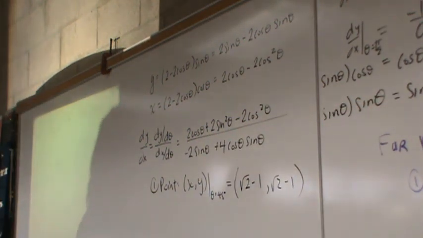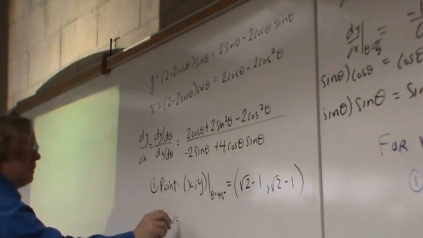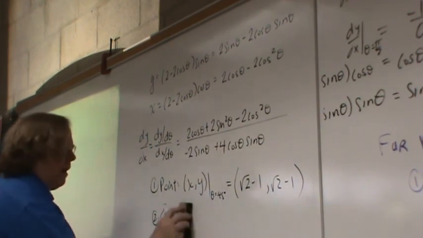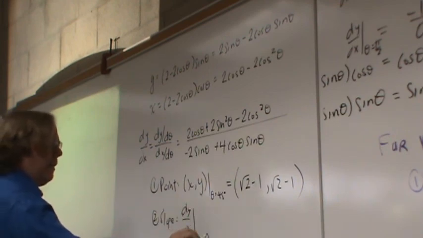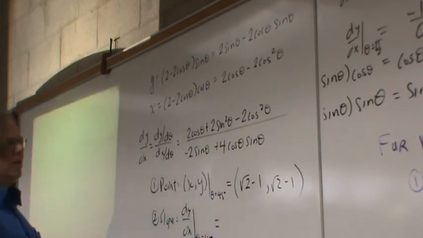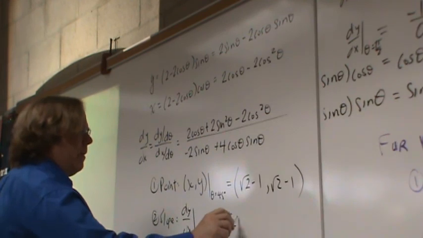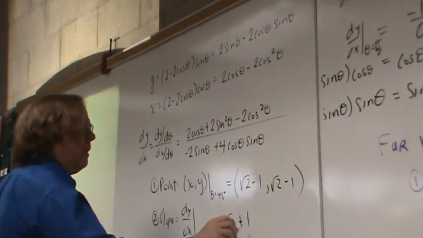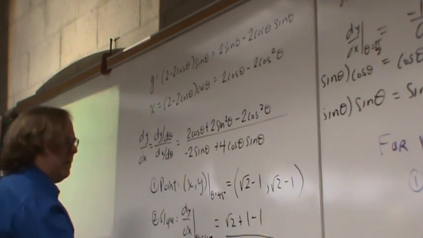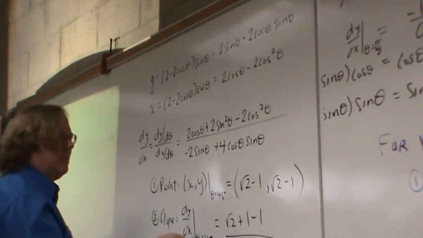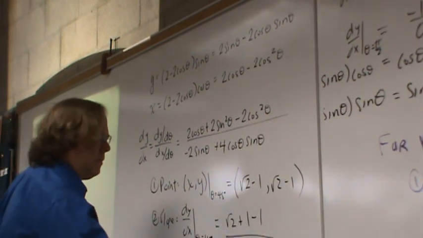Next I need my slope, which means I'm gonna have to get dy dx evaluated at theta equals 45 degrees. So this is gonna be radical 2 plus 1 minus 1, and here this is going to be negative radical 2 plus 2.